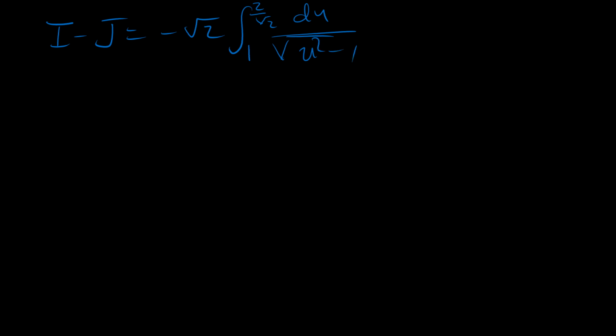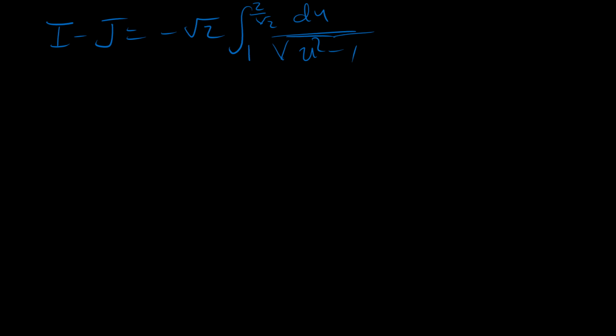As we say that I minus j is equal to negative square root of 2 times the integral from 1 to 2 over root 2 of du over the square root of u squared minus 1. So this is not really a natural thing.